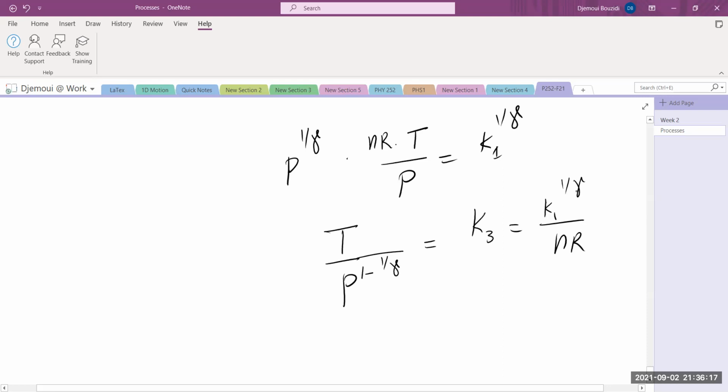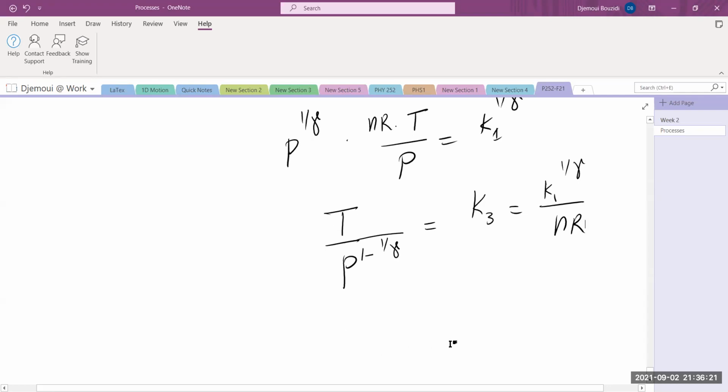Gamma is a fixed number, and this is the expression that we're dealing with in here. For a specific gas, gamma is known. So if we know the gas, we know what gamma is. I can write it this way, or if you like, I can write it as T times P to the power 1 over gamma minus 1 is equal to K3, okay?